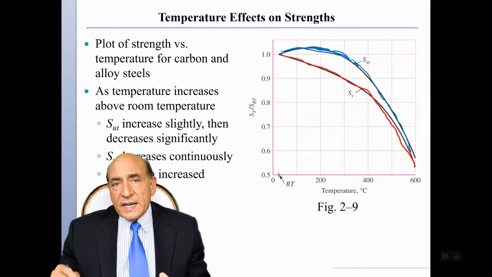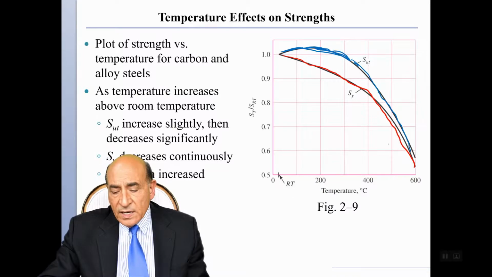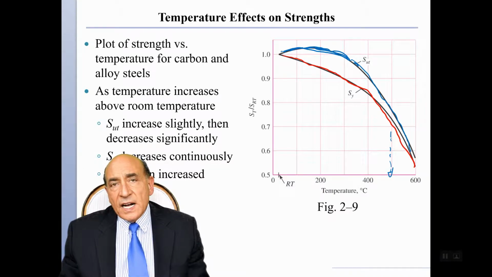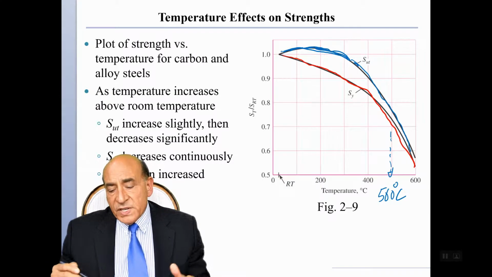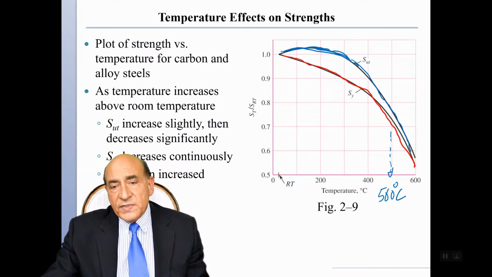So for all practical purposes, we cannot really use steels above approximately 500 degrees centigrade, because the steel becomes very weak. The strength of the steel is less than about 1/2 of the strength at room temperature.